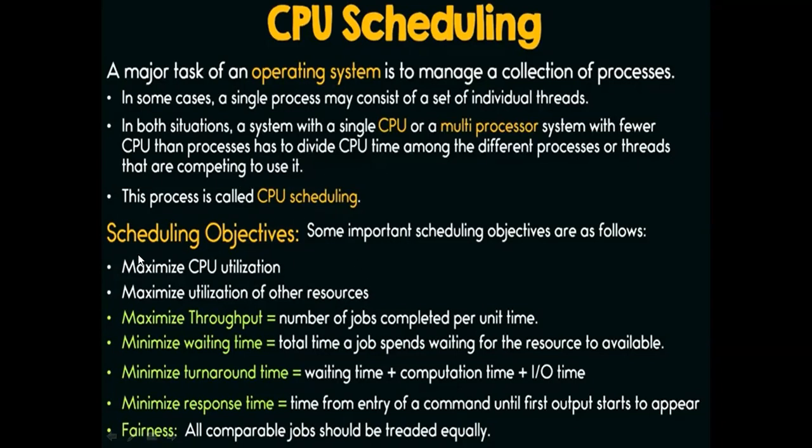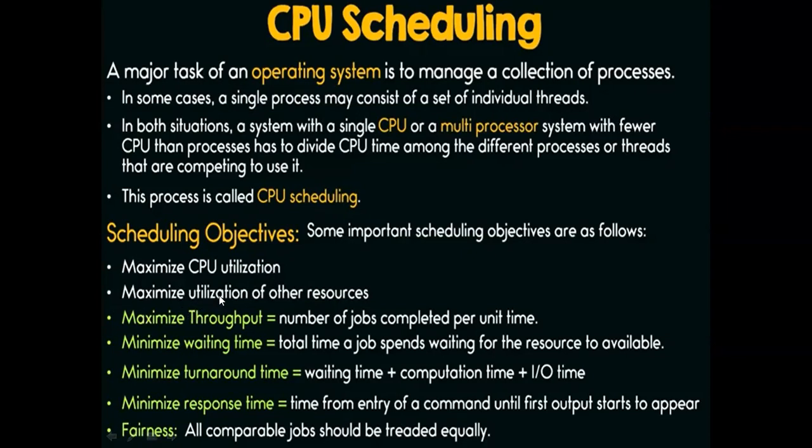What are the objectives of scheduling? Some of the objectives are listed here. The first objective is to maximize the CPU utilization, so that the processor is always kept busy.